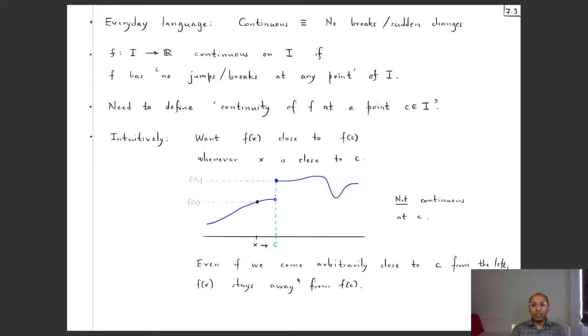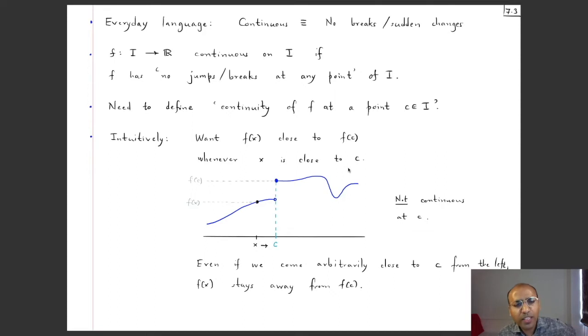Anyway, what we'll first do is give a formal mathematical definition, and then we will contrast two examples pictorially: one of a function which is continuous at c, and one of this type which has a break. We'll see that our definition does capture this notion that a function is continuous if f(x) stays close to f(c) whenever x is close to c.